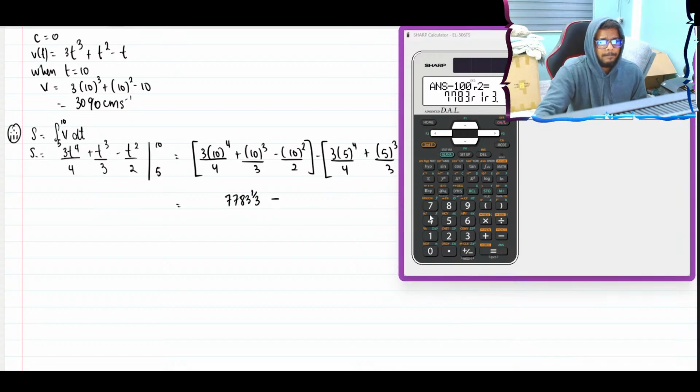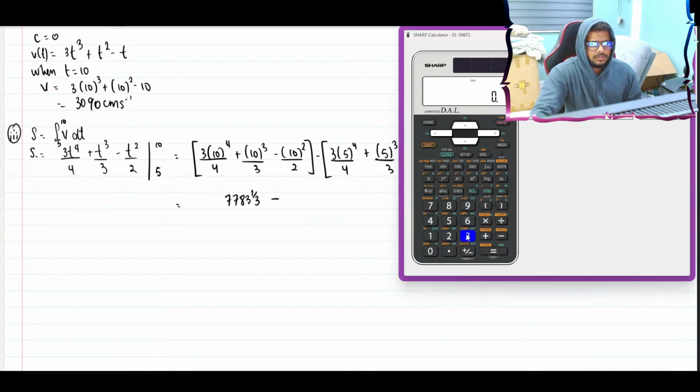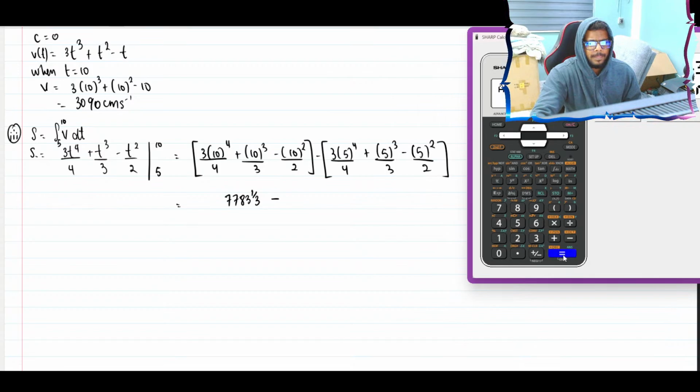Take away 3 into 5 to the power 4 over 4, plus 5 cubed over 3, minus 25 over 2, which is 497 and 11 over 12.